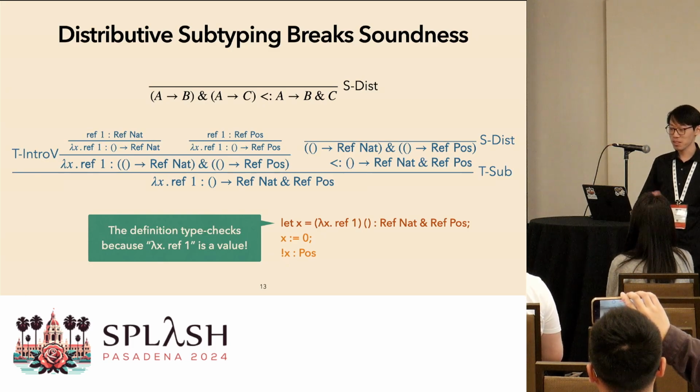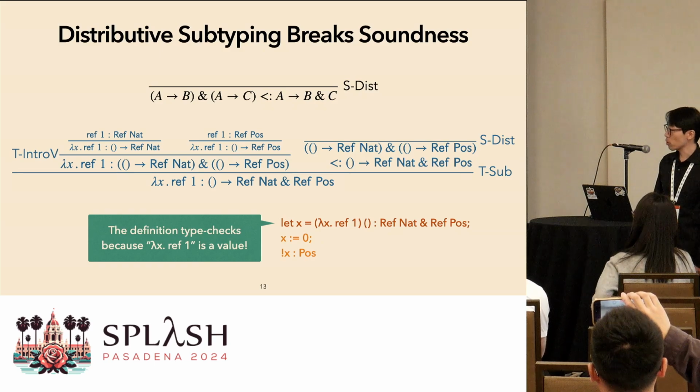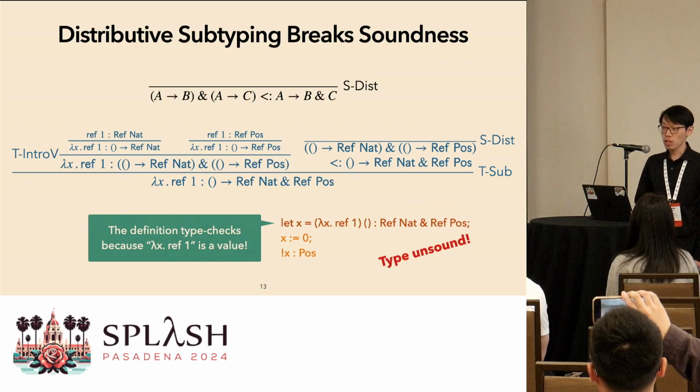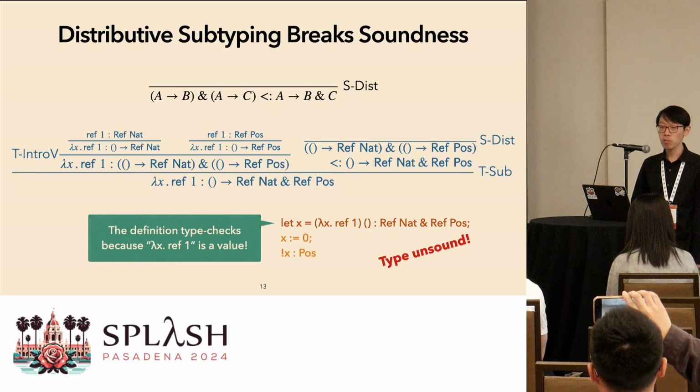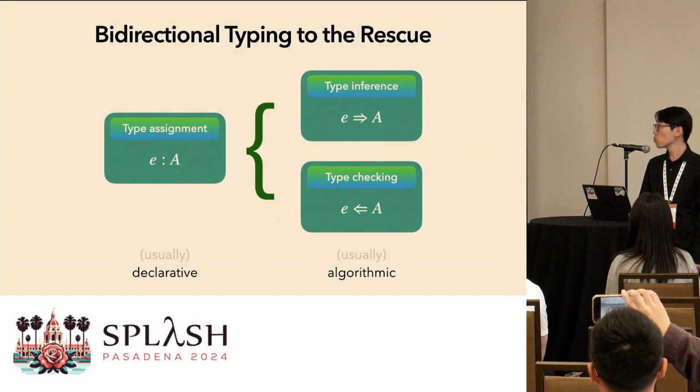Trust me, or if you don't trust me, you can work it out: you bypass the value restriction and get this expression with an intersection type again, and it's back to type unsound. So that's a very complicated problem in the literature, and we haven't found a very good solution in the literature. So how do we handle that?